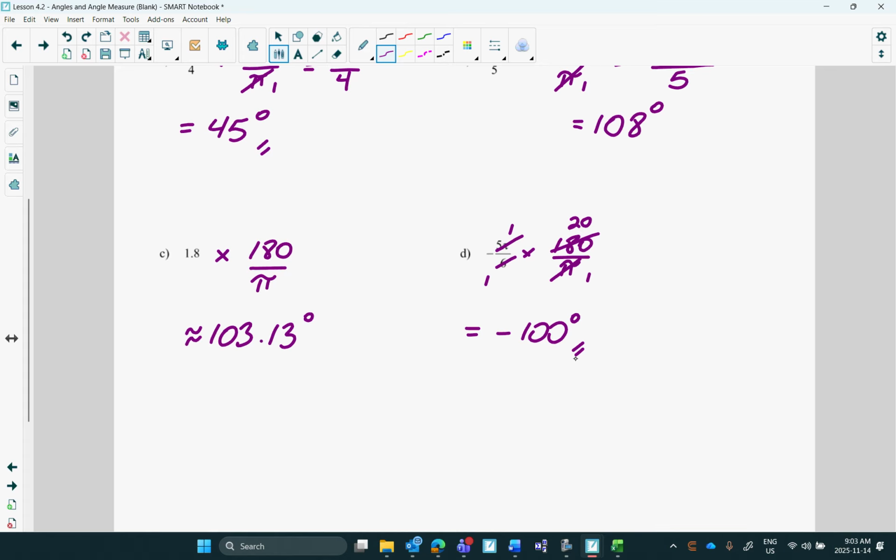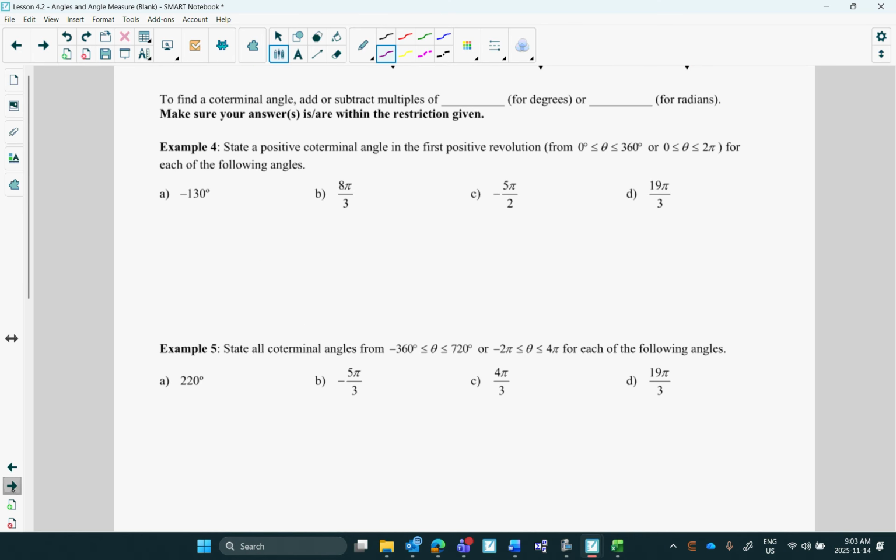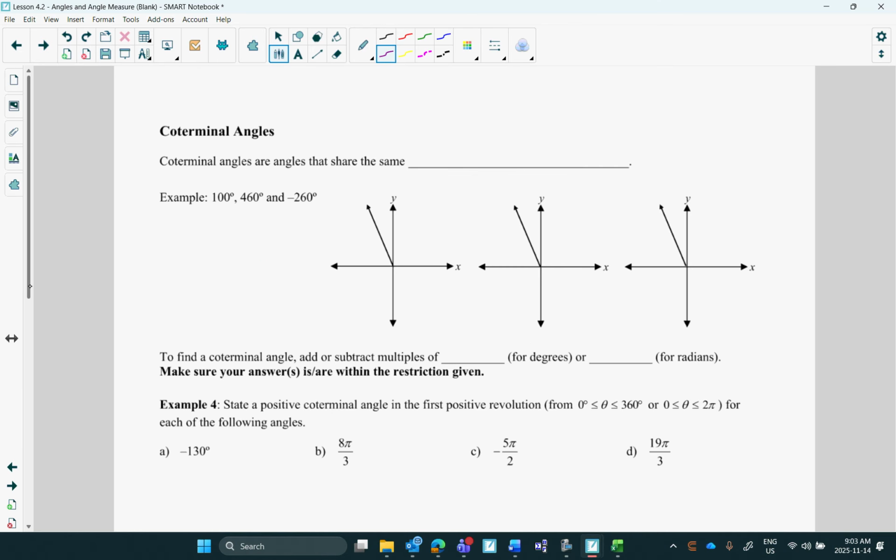Okay, I want to talk about one more page. Something called coterminal angles. Co means share, terminal means the end arm of an angle. So coterminal angles, they're angles that share the same terminal arm.